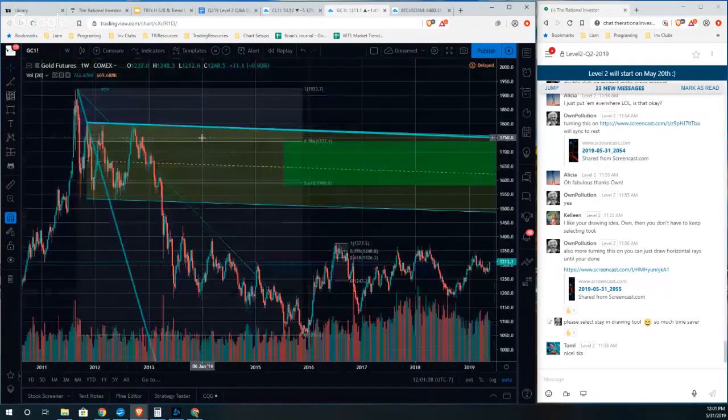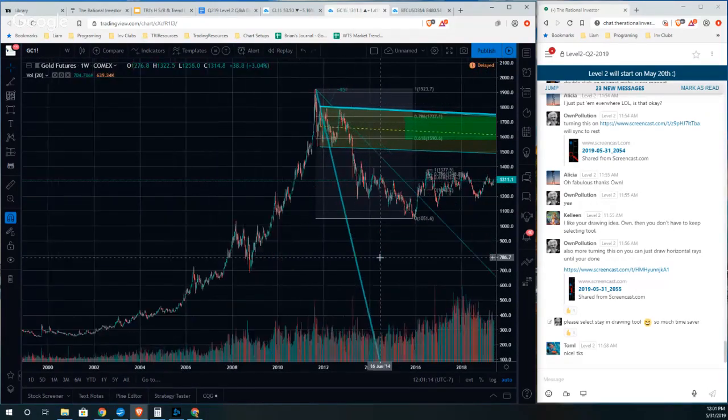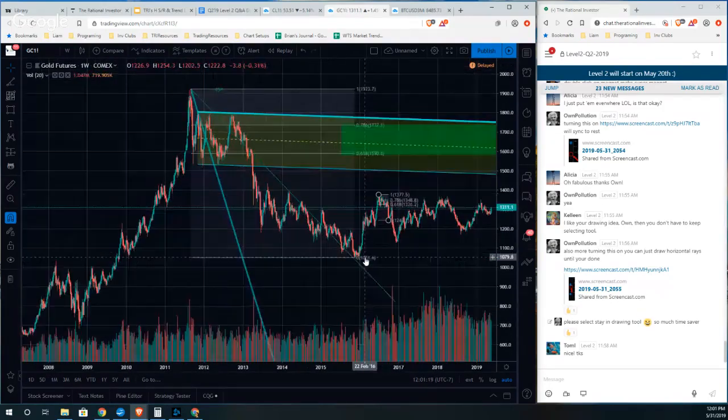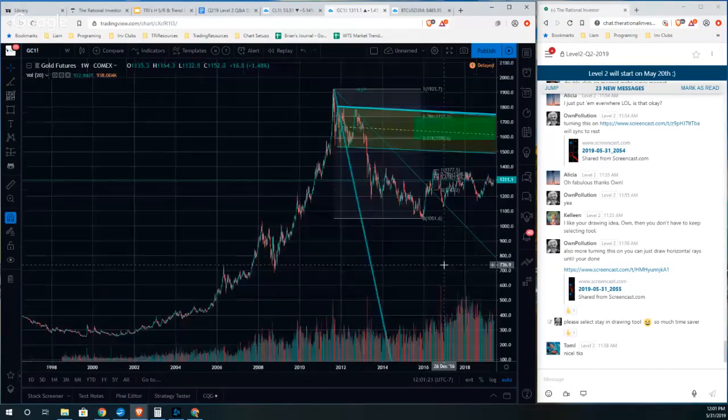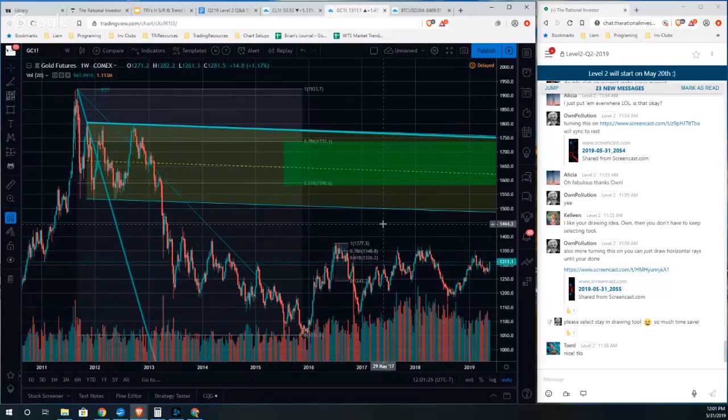Well, the answer is that as I zoom in and out and more data points are being added to the chart, the computer program itself is changing the scale of the chart to make sure that everything fits on the screen.